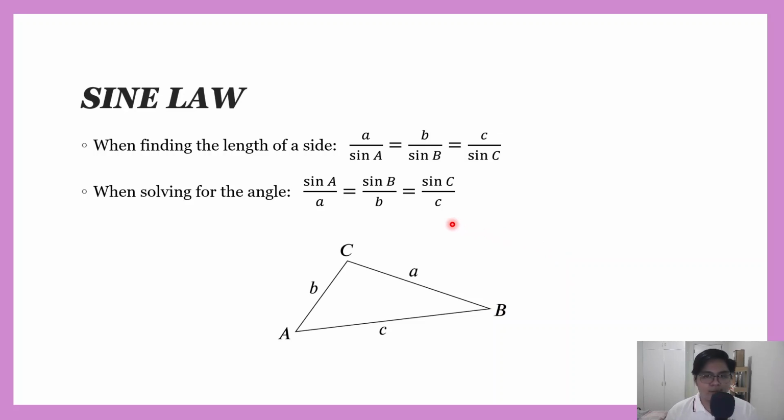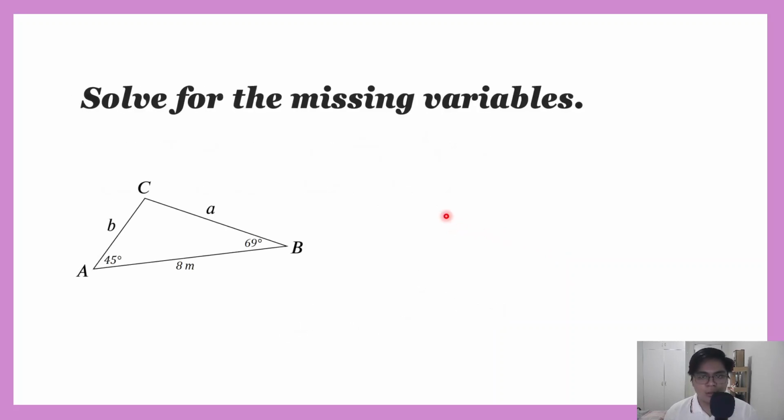We now solve for problems using sine law. Solve for the missing variables. The missing variables are angle C, side a, and side b. The givens are angle A, which is 45 degrees, angle B, 69 degrees, and side c, which is 8 meters. Now, we know that the sum of the interior angles of a triangle is 180.